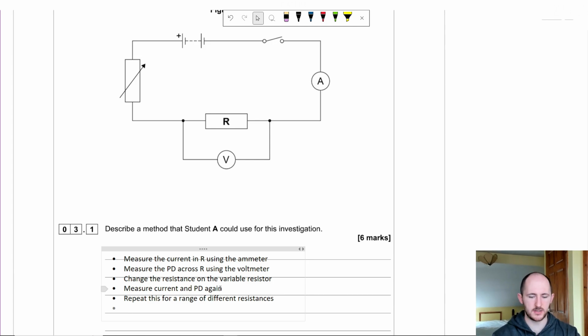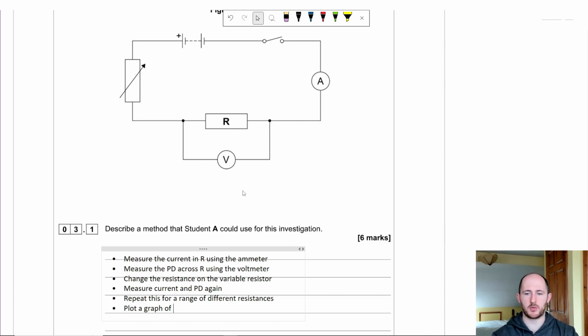So what you're going to do is say, plot a graph of what? Well, we need to think about what our independent and our dependent variable were. What did we change and what got affected by that? We changed the potential difference over R, and as a result, the current changed. That's the key thing.